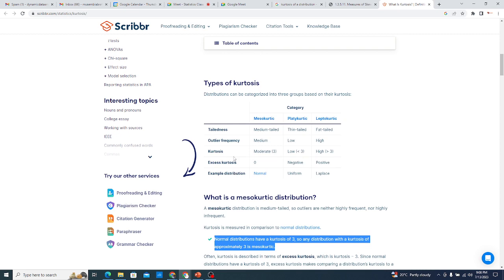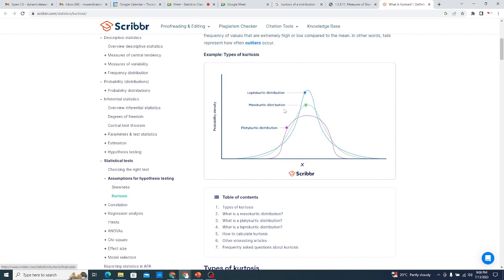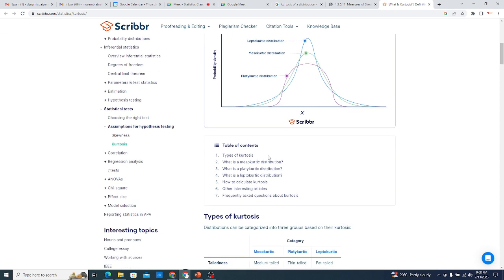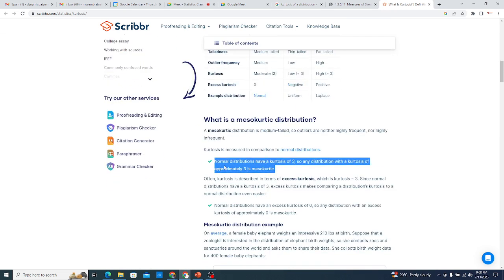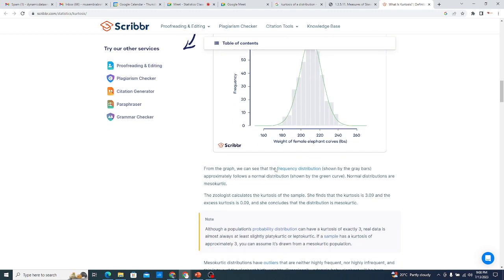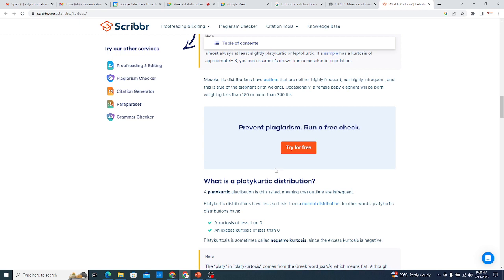For a perfect normal distribution, it is mesokurtic. A normal distribution has a kurtosis of 3, so any distribution with a kurtosis of approximately 3 is mesokurtic.